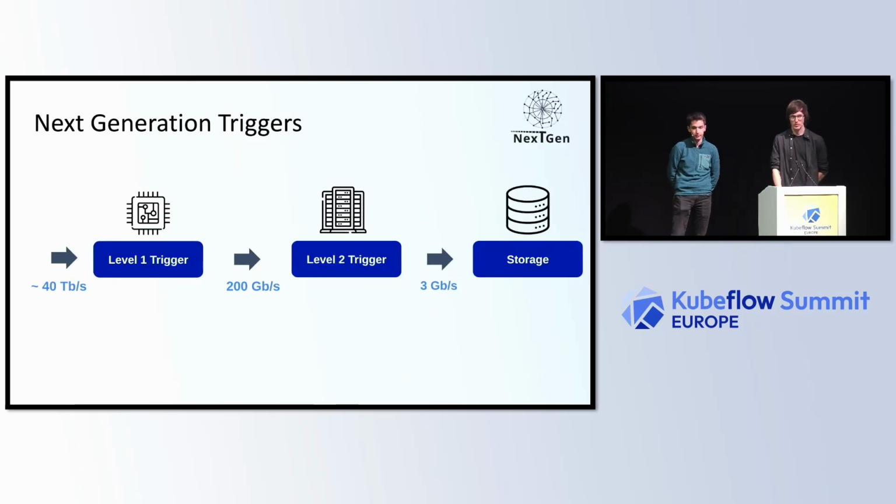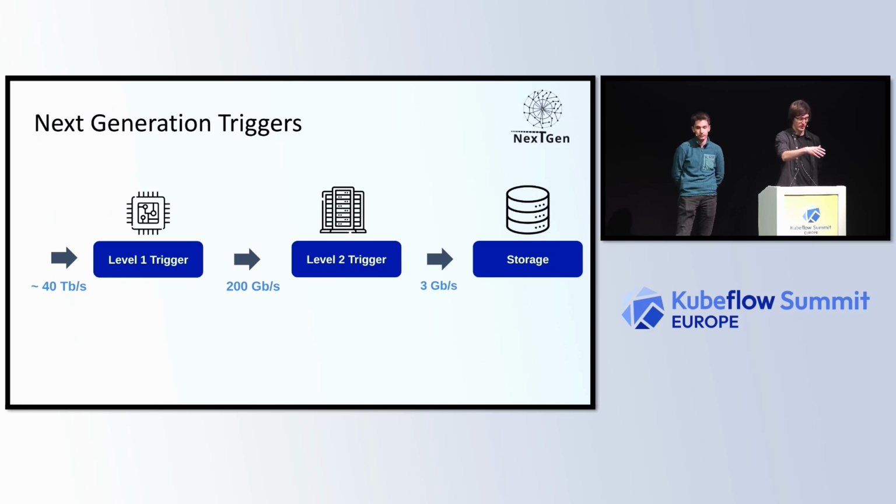And if you want to read out all the data that's available to us, we will end up with around 40 to 50 terabytes per second, which is too much to be handled by our current capacities. So for that reason, we employ a filtering process, a so-called trigger system, which consists of two levels.